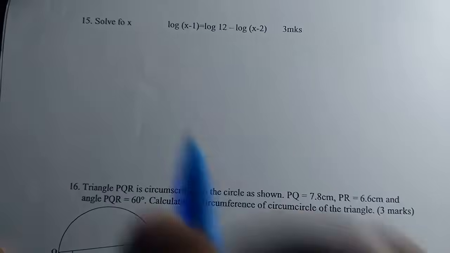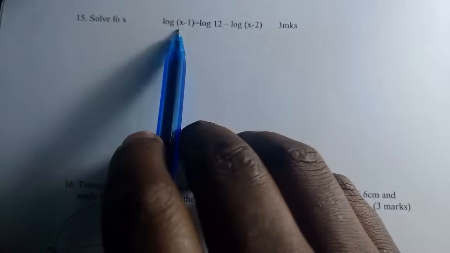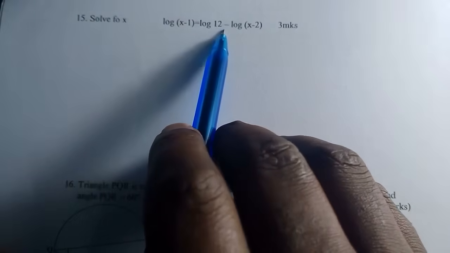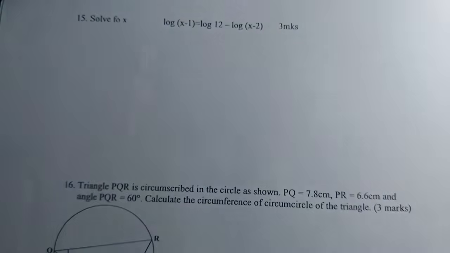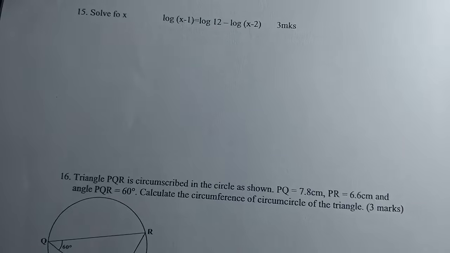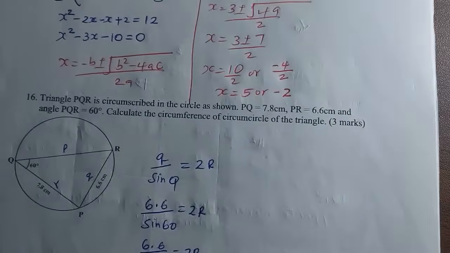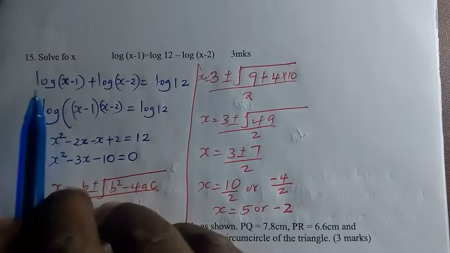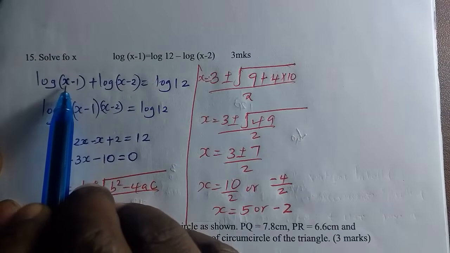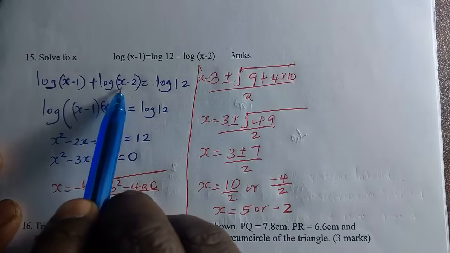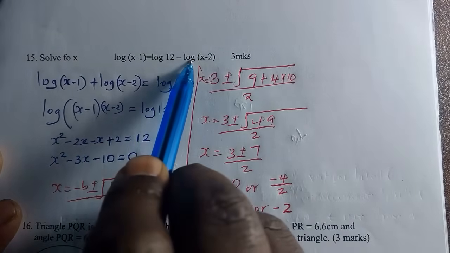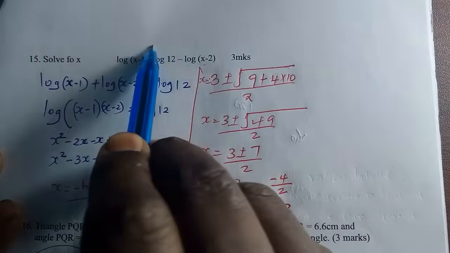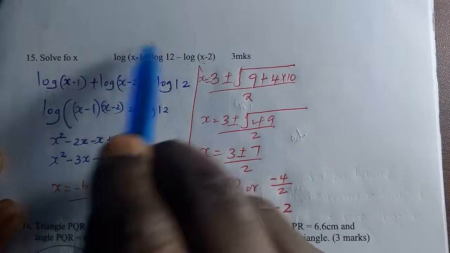Solve for x. Log x minus 1 is equal to log 12 minus log x minus that. So let me take you very fast. This is how you go about that. Log x minus 1 plus log x minus 2 is equal to log 2. So I have taken this log to this side, this one to this side.